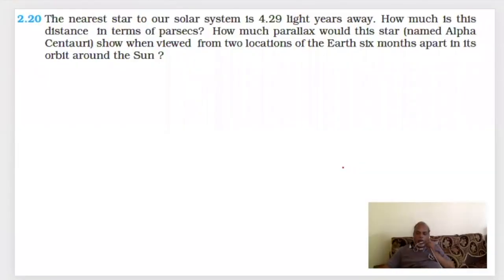Now we will go to question number 20. It says the nearest star to the solar system is 4.29 light years away. How much is this distance in terms of parsecs? Actually, we saw in the last question what a parsec is. Now let us see what a light year is.